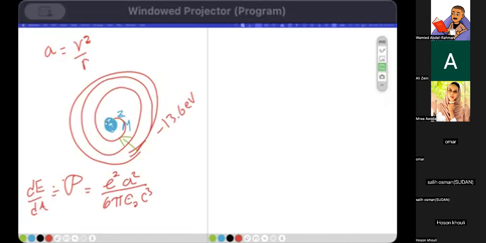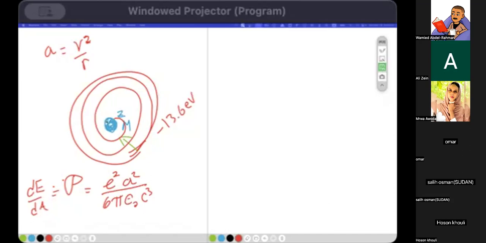And Bohr actually, but based on classical electrodynamics, this electron has to lose energy, has to emit radiation, an electromagnetic wave, because it's subjected to acceleration.